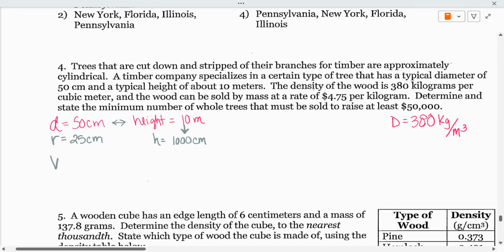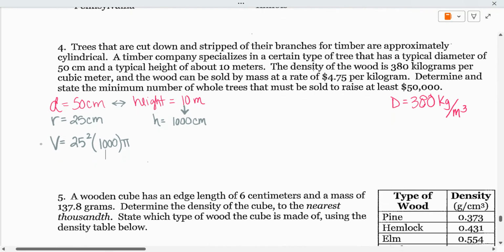So our volume is the area of the base. So pi r squared. So 25 squared times my height times pi. So 625 times 1,000 is 625 times 1,000 pi, which is about what?